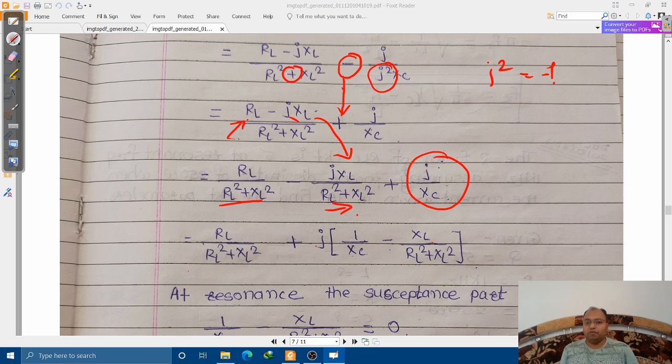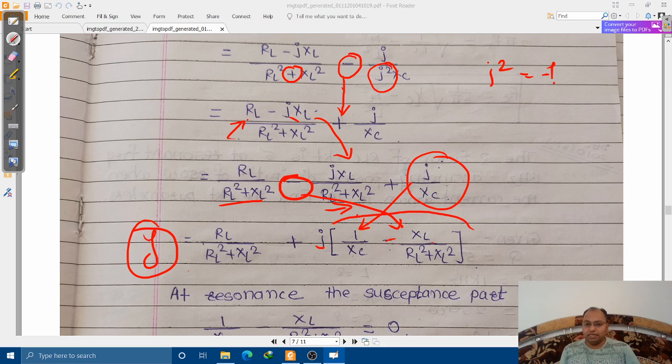So j inside this bracket, we have taken over here 1 upon jXC minus sign as it is, and we have taken this term to this point. The condition of resonance is what? At resonance the susceptance part, that is nothing but the imaginary part of my Y, is going to become 0.